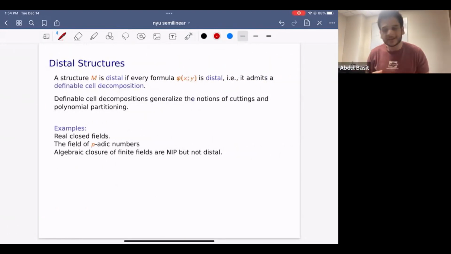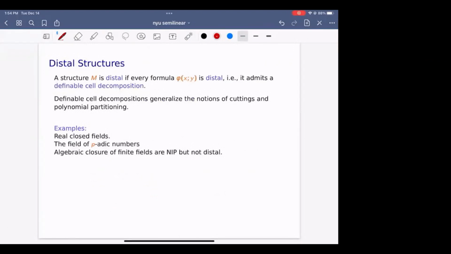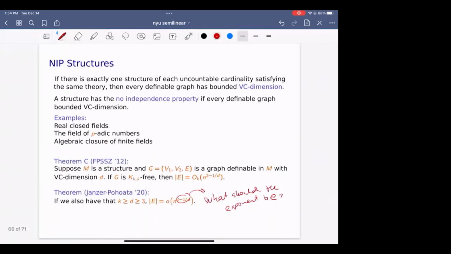But here's that question. These theorems, are they expressible in the first order language of these theories? You're talking about this theorem, say, over real closed fields. Can it be expressed in the first order theory of real closed fields?